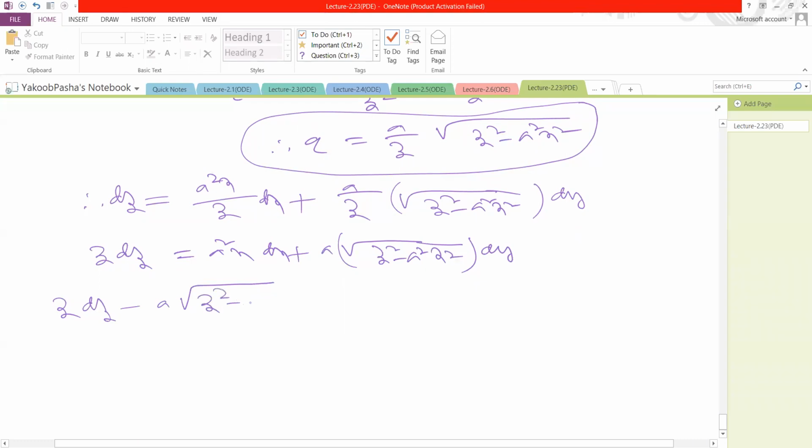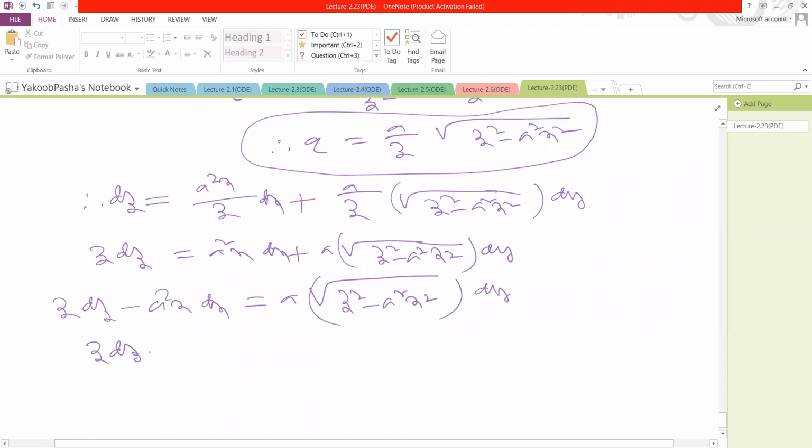Taking the dx term inside, z dz minus a square x dx by under root of z square minus a square x square is equal to a into dy.